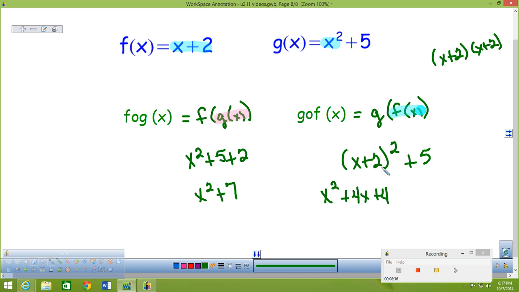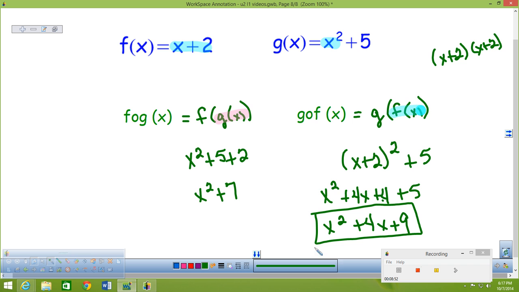So this right here becomes this, plus 5 at the end. Now then I've got x squared plus 4x. 4 plus 5 is 9. That is my final answer. This is what GOF of x is equal to. This one right here is what FOG of x is equal to.